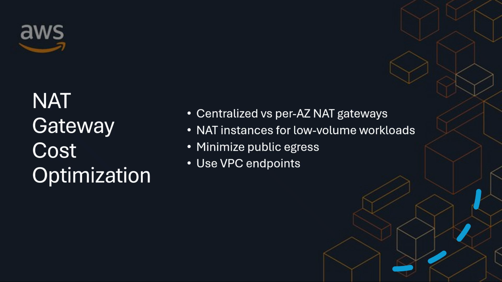For very small workloads, a NAT instance may be more cost effective, but the best long-term strategy is reducing the NAT usage entirely by using VPC endpoints, so traffic to the AWS services stays inside the AWS network without going through NAT at all.